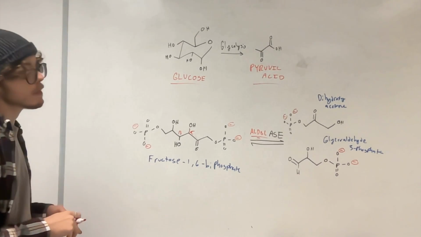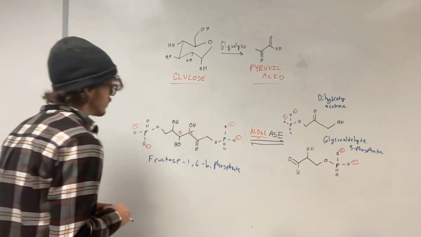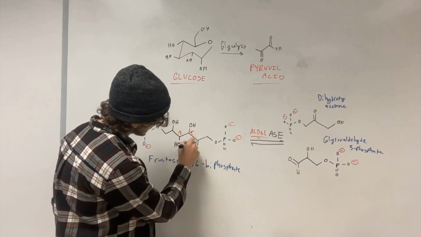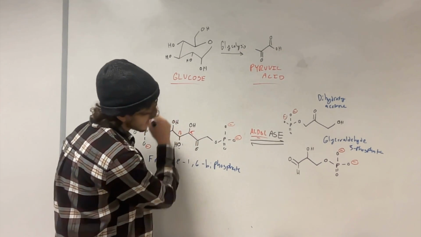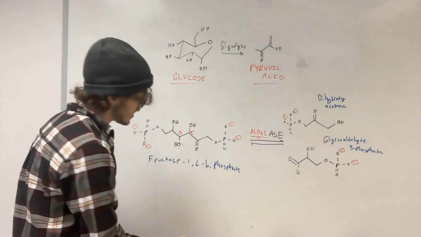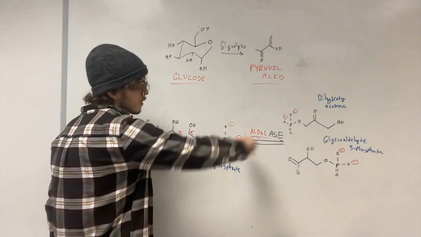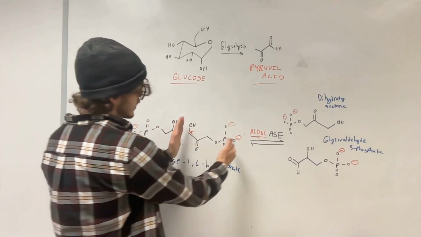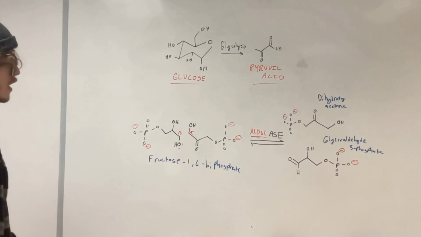So think about this. If I wanted to do a retro, you just have to do all the steps in reverse. So what happens is these electrons fold in, kick off this group, make an enolate. The enolate is going to push electrons down and reform. So basically what this enzyme does is it just splits this up to form our products there. So this is glyceraldehyde 3-phosphate, this is dihydroxyacetone. So hopefully that idea makes sense.